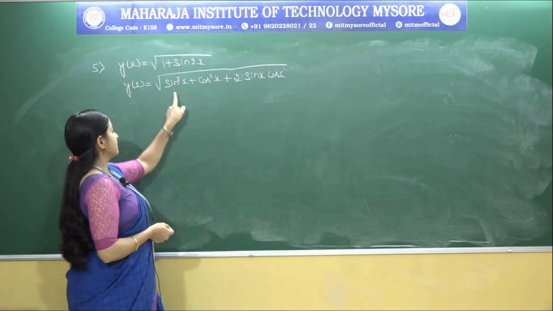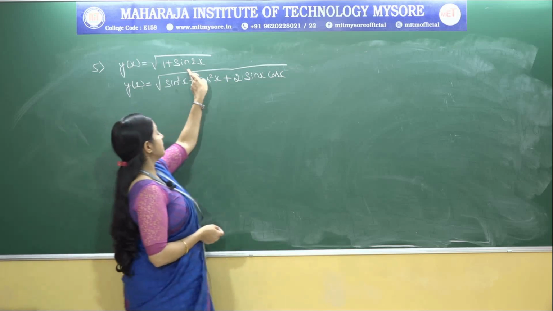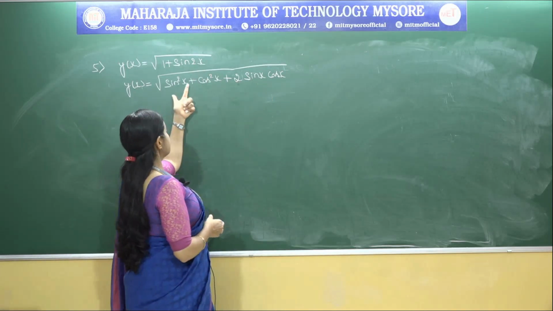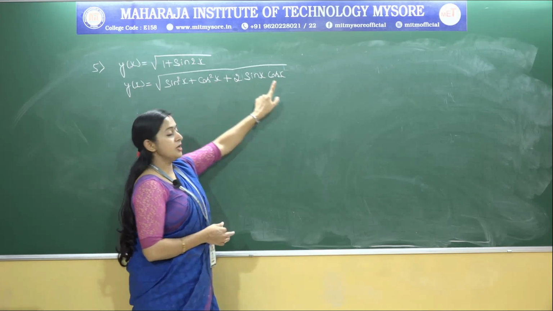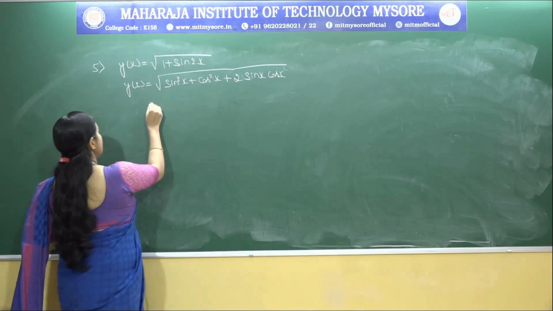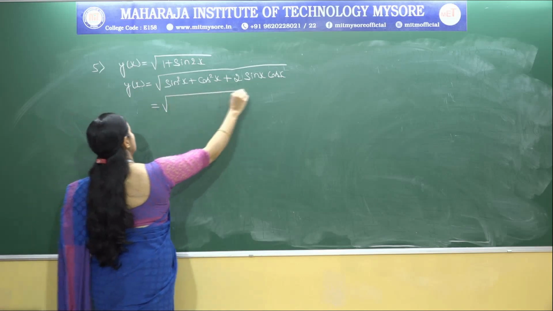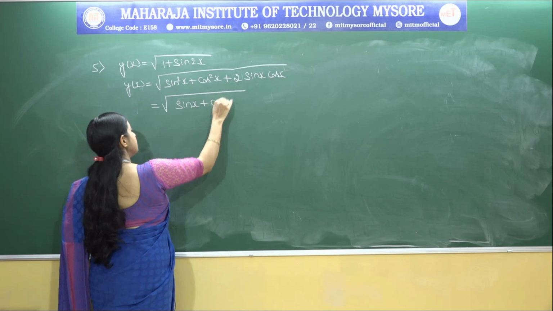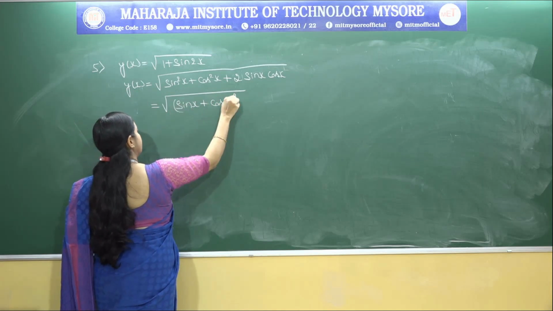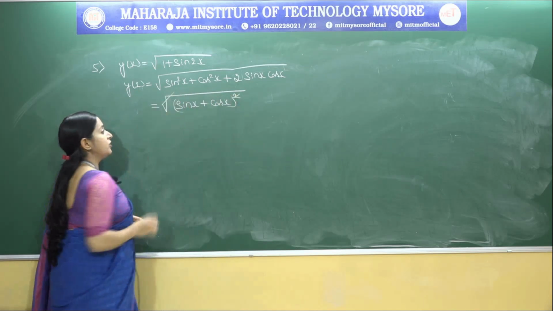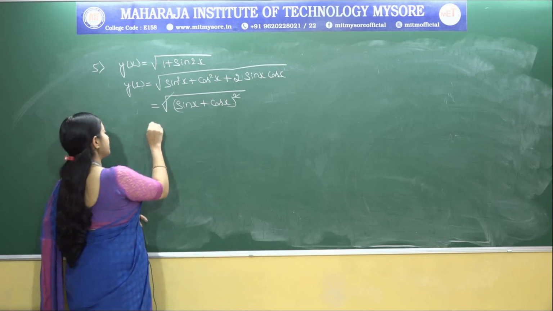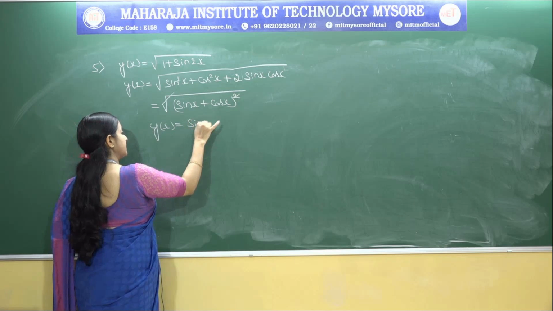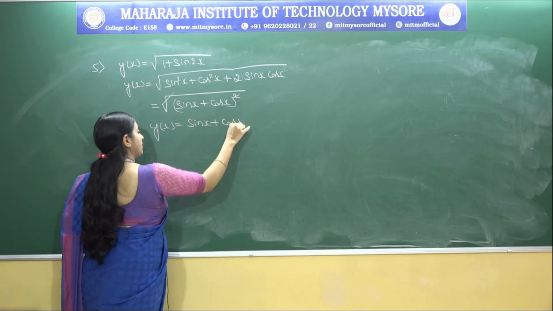So 1 you can write as sin square plus cos square, the sin 2x is 2 sin x into cos x. So now it is a square plus b square plus 2ab formula. So you can write the term as y of x within the square root, it is sin x plus cos x whole square. Now you can cancel the square root with square. So we'll reduce the given function, the y of x, as sin x plus cos x.